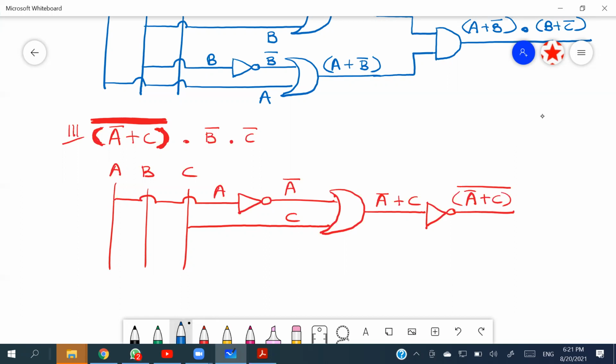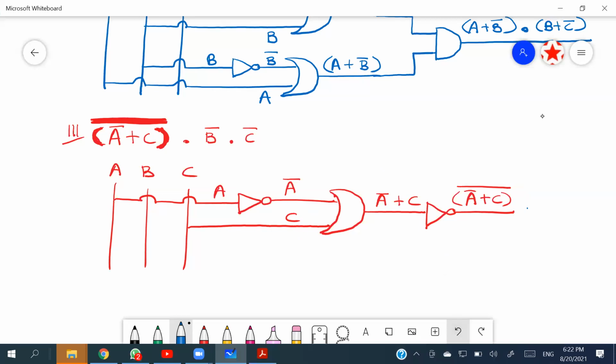And again, for these two, you can draw a NO gate, right? Since basic gates were not specified. But if I say it specifically, draw it using only basic gates, then this is the way that you are going to go.